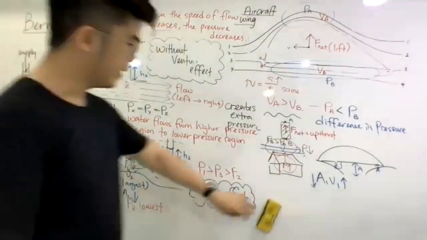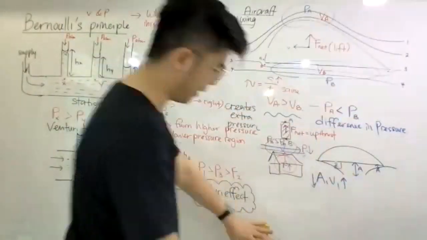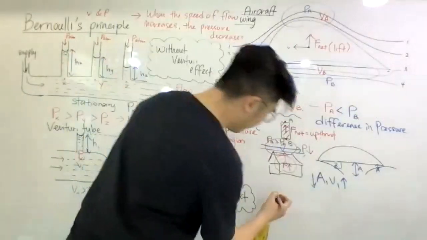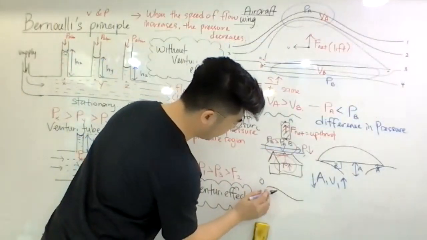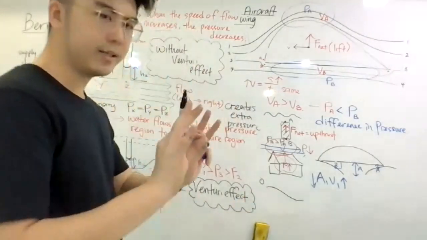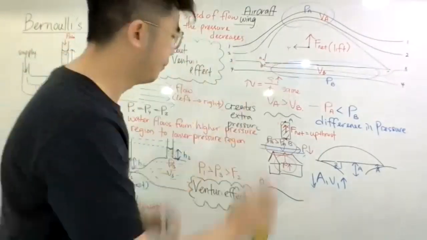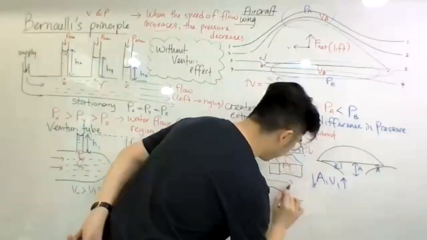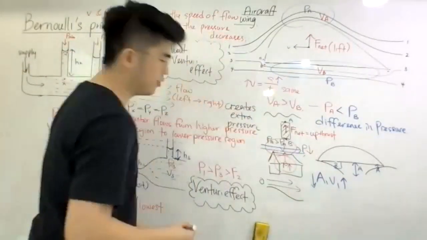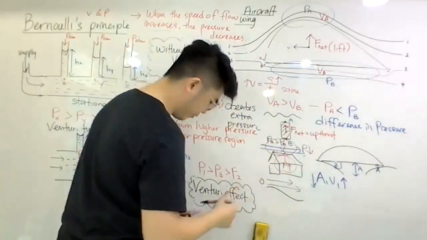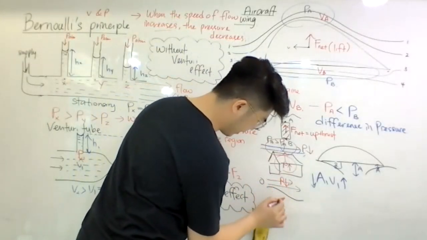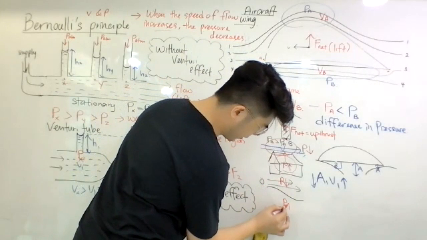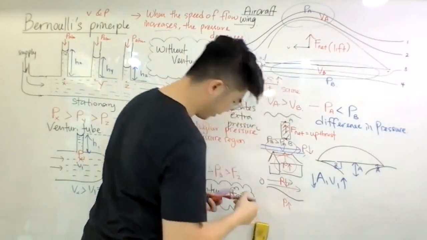Okay, the same thing we see when we blow something. Let's say we take a tissue paper or anything. I take the tissue paper like this, and I blow on top. What happened to the tissue paper? Here it creates a low pressure region, and at the bottom, which is higher pressure region, it will press the tissue paper.